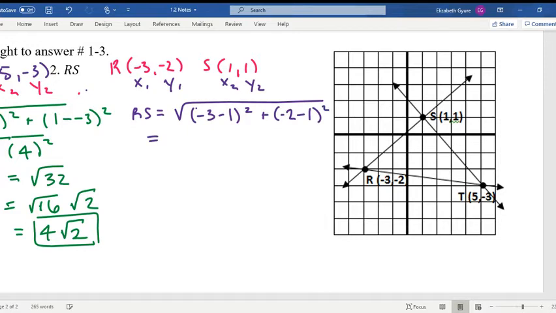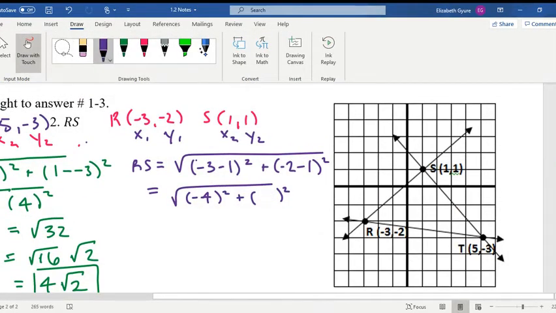Now simplify inside of your parentheses. -3 minus 1 is -4 squared. -2 minus 1 is -3 squared. So you should now have -4 squared plus -3 squared.